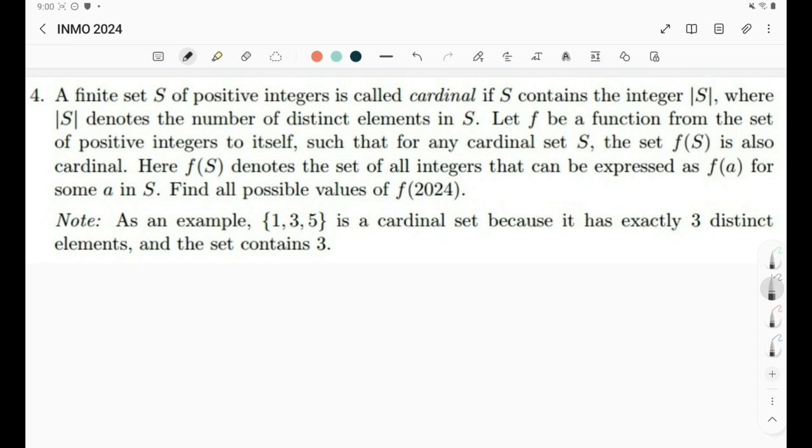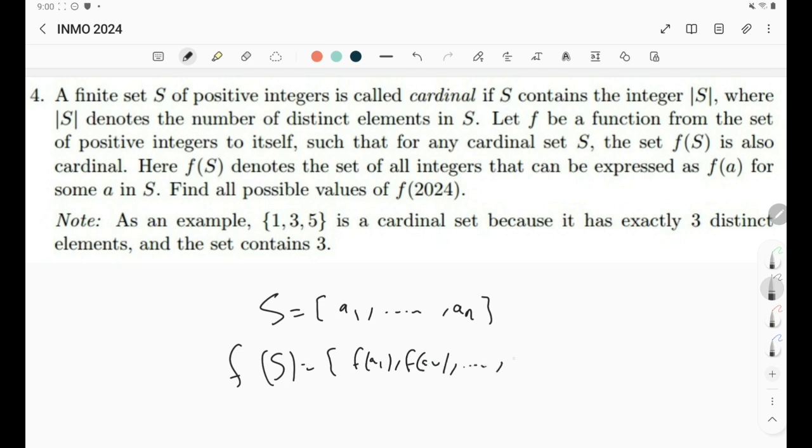Well, simply when you evaluate a function on a set, let's say this is our set a1 till an, then f of S is simply f of a1, f of a2, and so on. Of course, as we said, if we have something repeating, we delete it. So they're telling us if S is cardinal, then this must be cardinal.